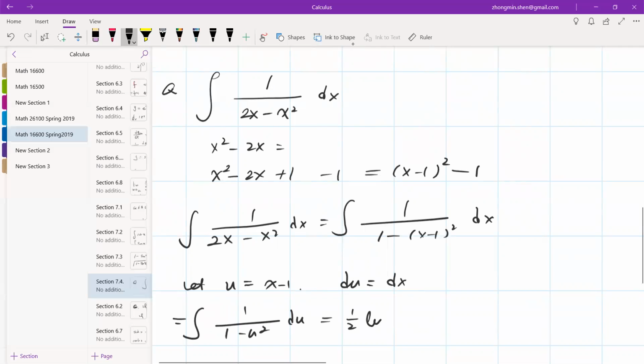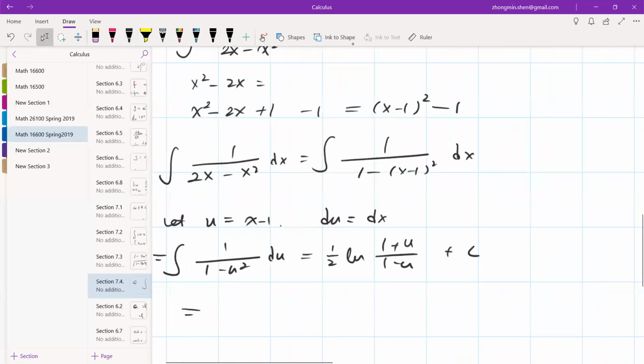It's half of natural log of 1 plus u over 1 minus u, plus constant. So 1 plus u is going to be x, and 1 minus u is going to be 2 minus x, plus constant.